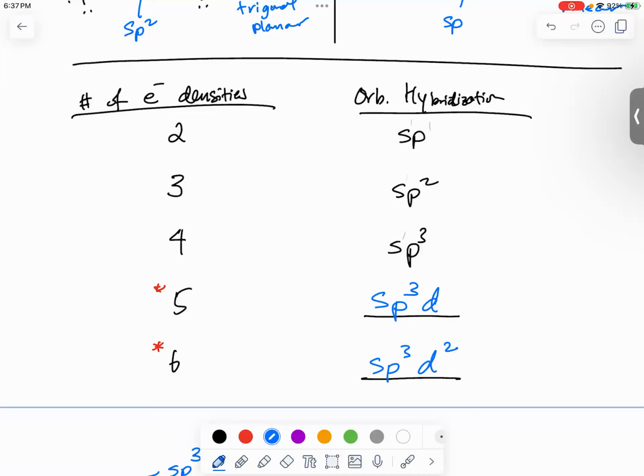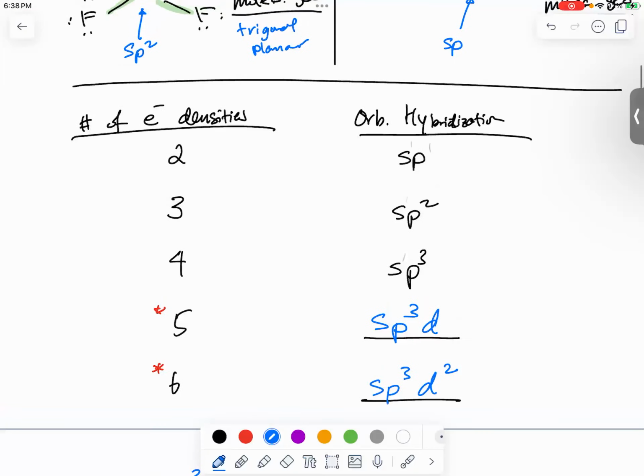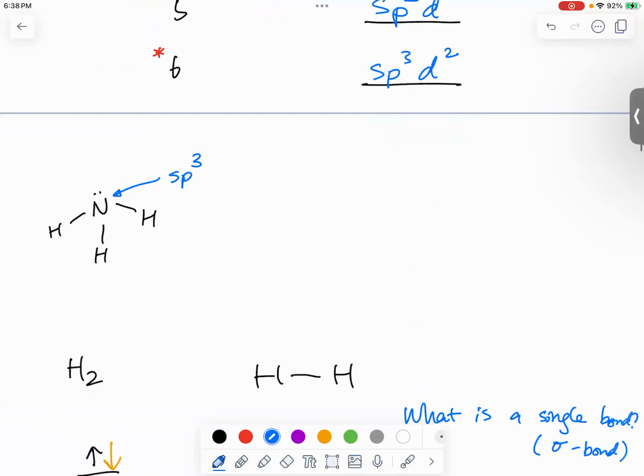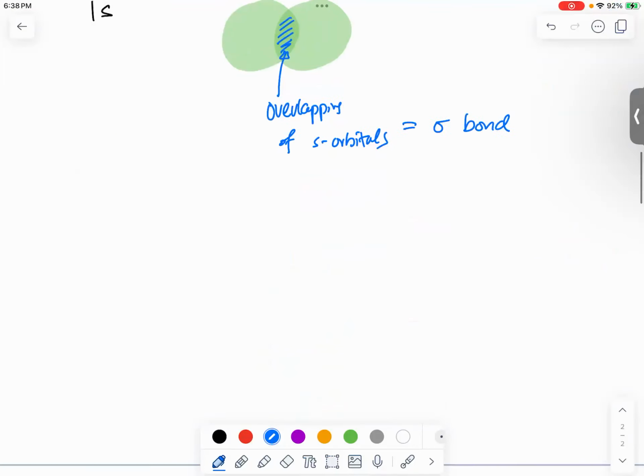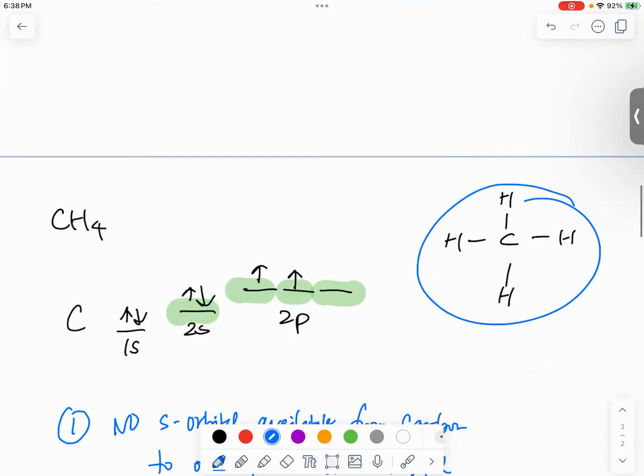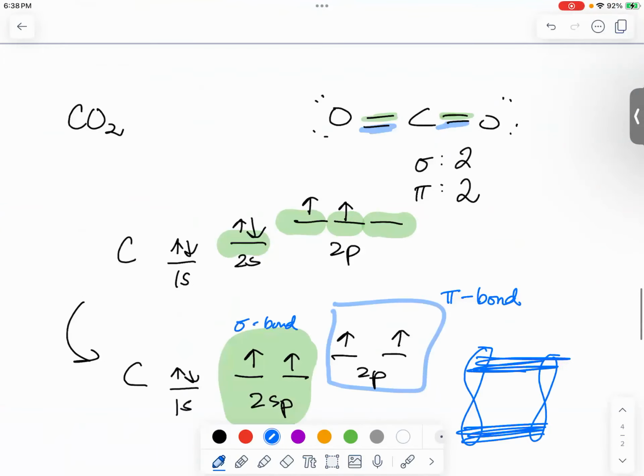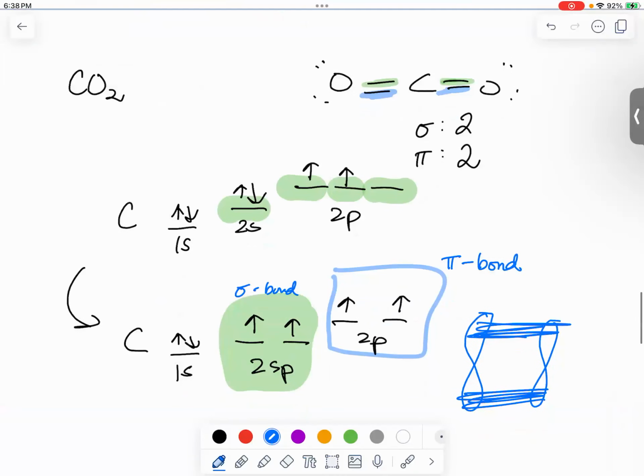So that's how we name the orbital hybridizations by simply counting the number of electron densities. And I hope you understand the explanation and how the orbital hybridization works with the counting of sigma bond, or the formation of sigma bonds and pi bonds. Okay.